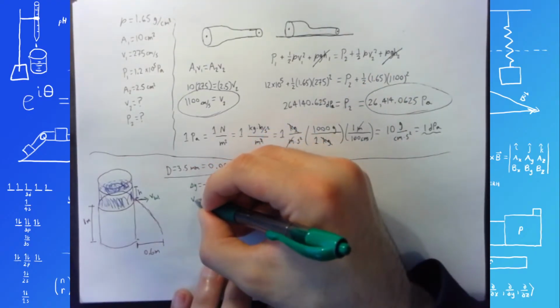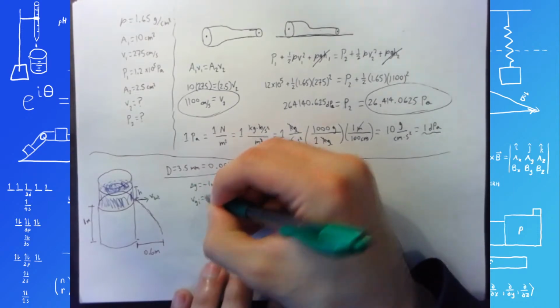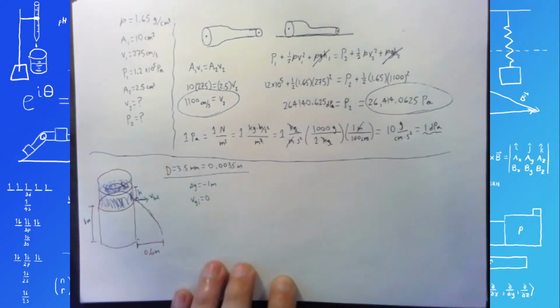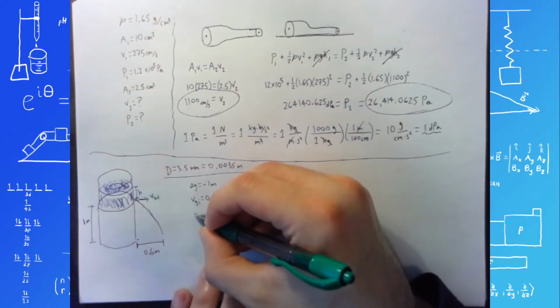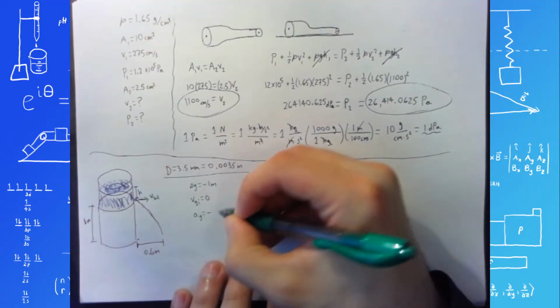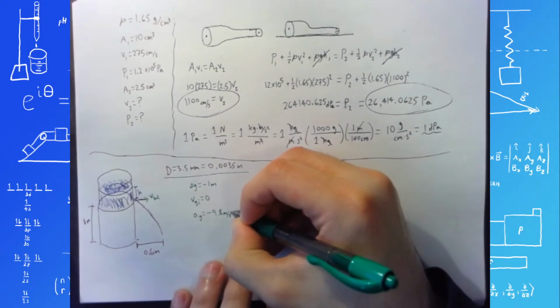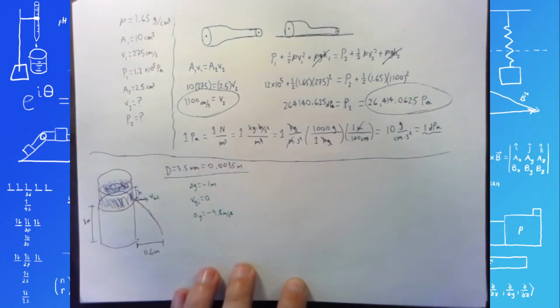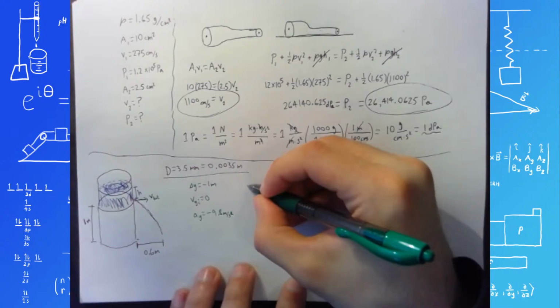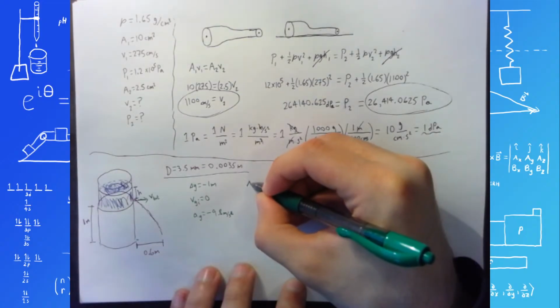And Vy initial is going to be 0, because initially it's completely horizontal. And we know the acceleration in y is just -g, -9.8 meters per second squared. That gives us enough information to use the second equation of kinematics to calculate t.